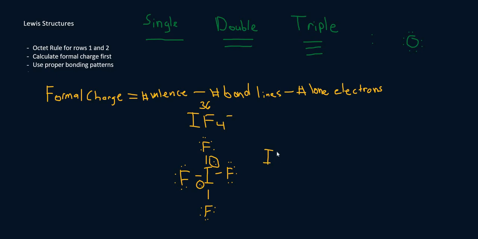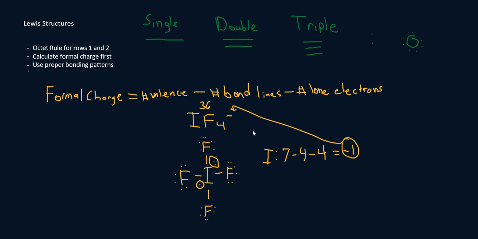Well, iodine also has 7 valence electrons, minus 1, 2, 3, 4 bond lines, minus 1, 2, 3, 4 lone electrons. So 7 minus 8 is equal to negative 1. So this negative 1, the formal charge on iodine, is why the compound itself has a negative 1 charge.